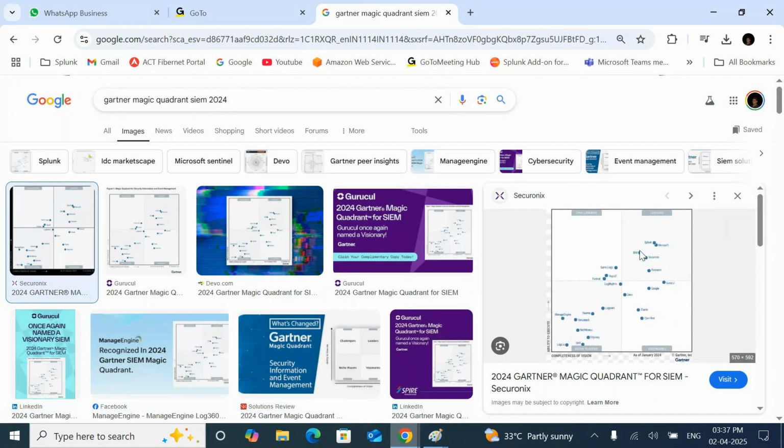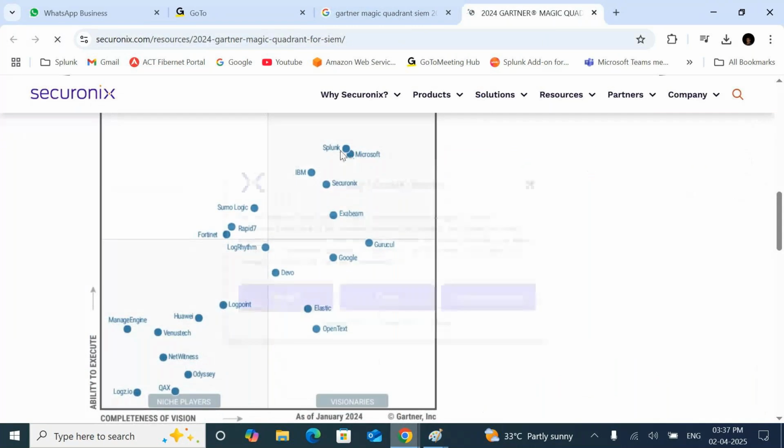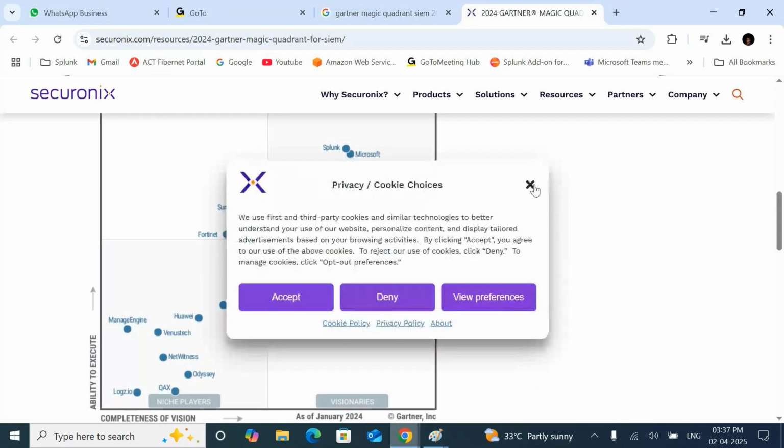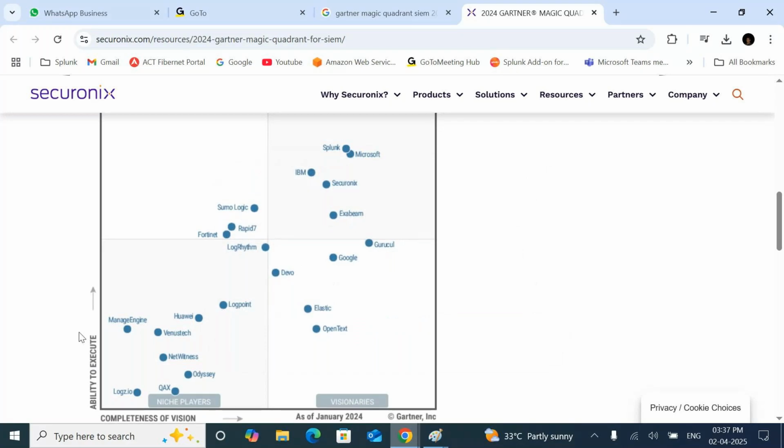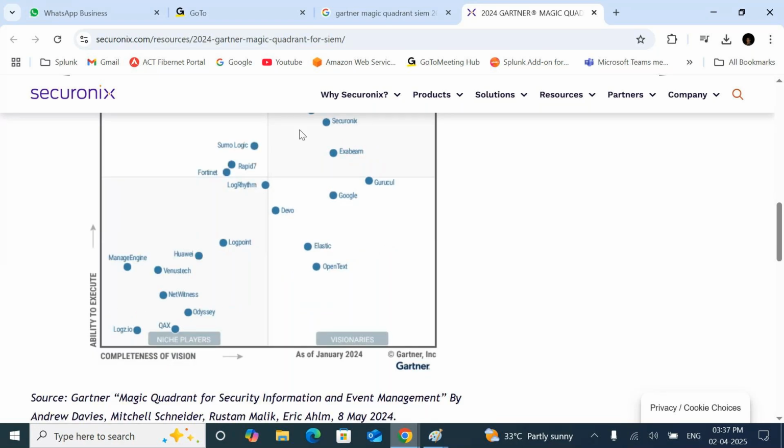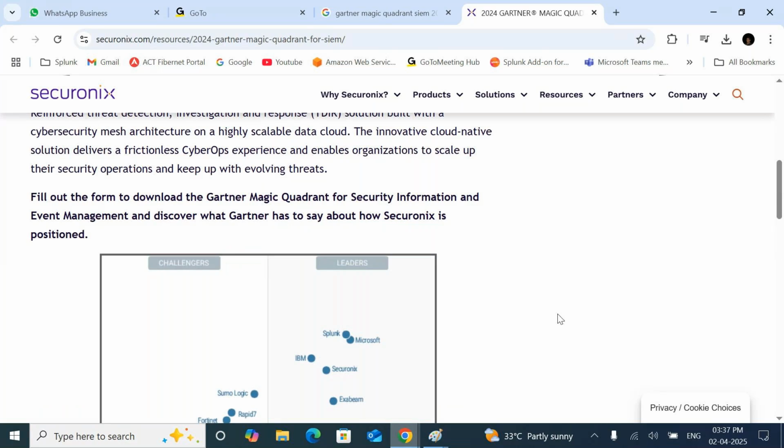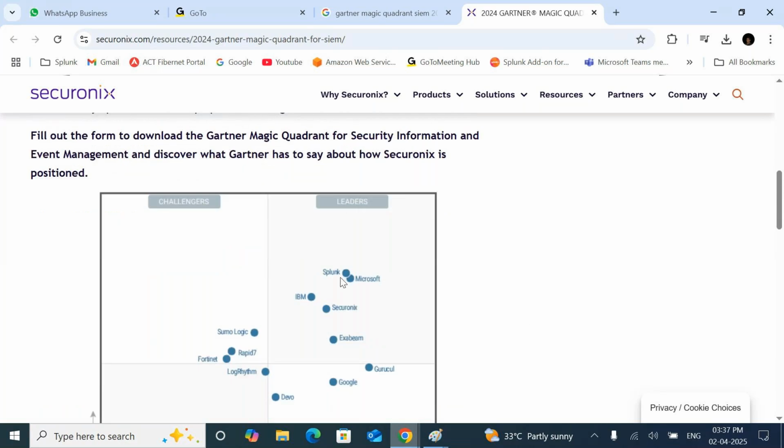Splunk is the leader in SIEM tools. These are the other tools actually: IBM QRadar, Securonix, Exabeam, Google Chronicle, Elastic Stack, Logpoint, OpenText, Sumo Logic, LogRhythm, Fortinet, Rapid7. So these are all the tools. In that, according to the Gartner report, Splunk is the highest.